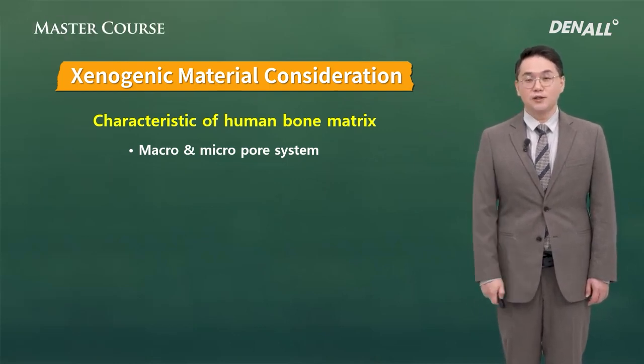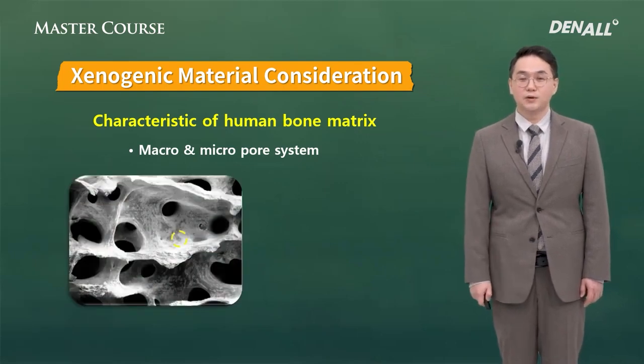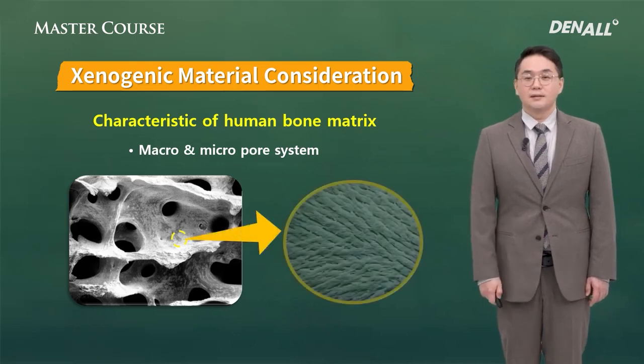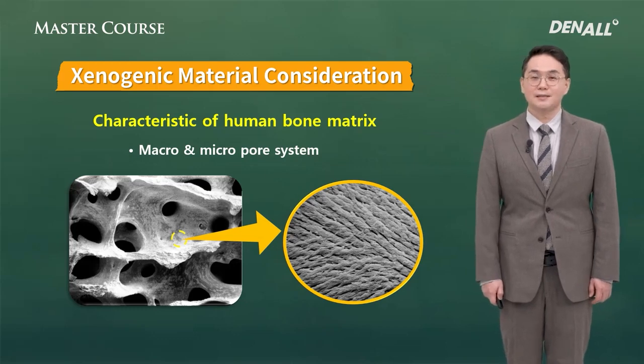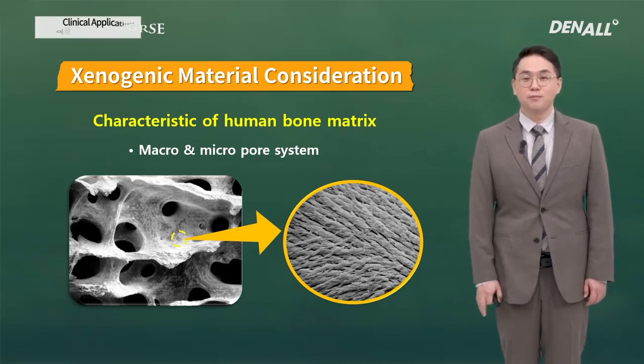Let's look at the cancellous bone of a human. 65% of it is pores, so it has a macro and micro pore system. If you look at it closely, it looks rough like the surface of an implant. Osteoblasts like the rough surface, therefore all implant companies try to produce roughness similar to the human cancellous bone.